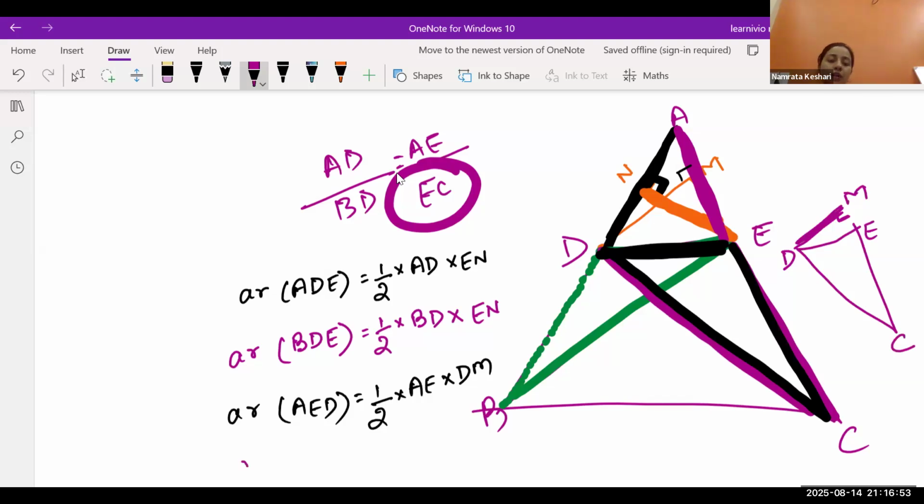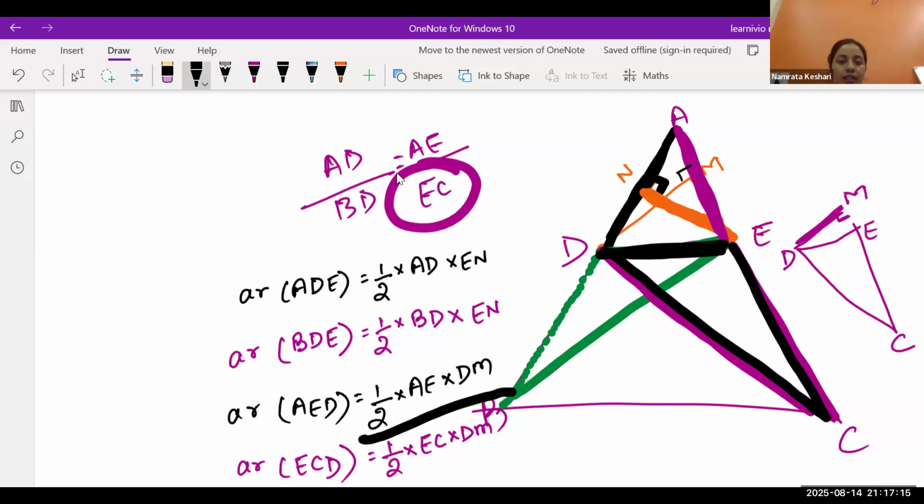Okay, so we will be taking area of the triangle ECD is equals to 1/2 into base is EC, into height is again DM. From here you will feel that the moment you will find the ratio, 1/2 gone, DM gone, AE by EC you will be getting, which you want to prove. Yes or no?